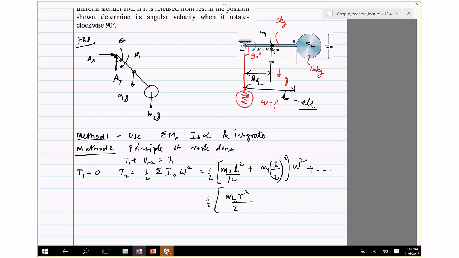The inertia I just wrote down is about this point. So to find the inertia about A, this is going to be L plus R. That's the distance of the center of M2 from A. So M2 times (L plus R) squared is the inertia.